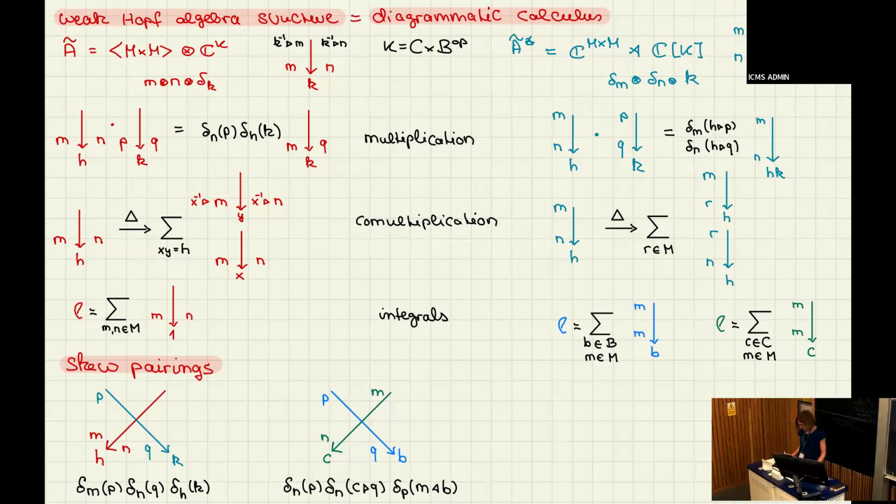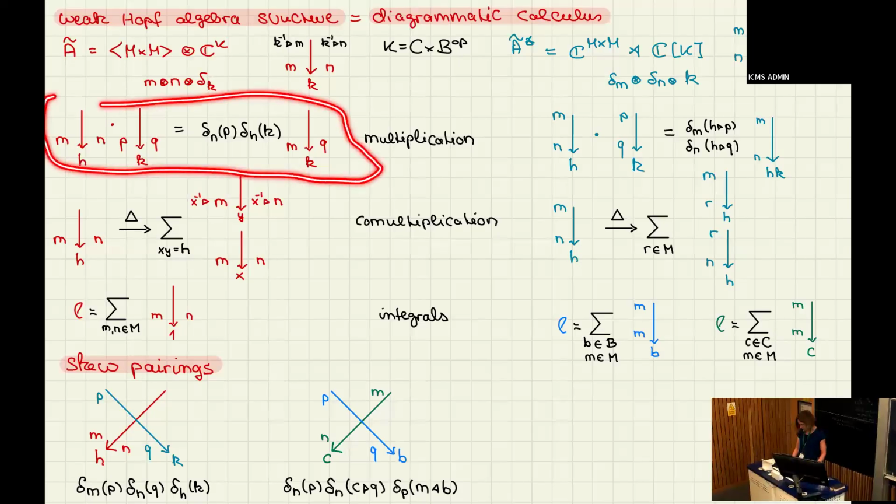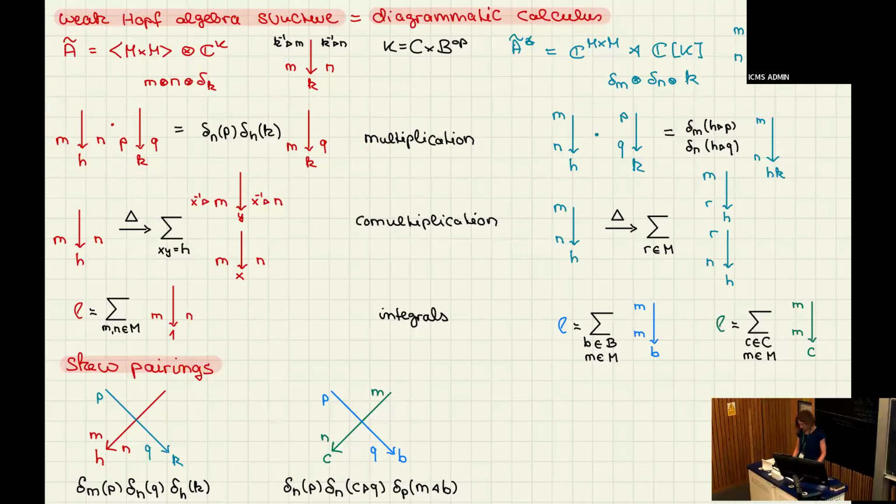So what does one see from these formulas? Look at this formula here. If one wants to multiply two such Hopf algebra elements, the labels at the tip of the arrow must match for A tilde, and also the labels in the region between must match. That's the two deltas.